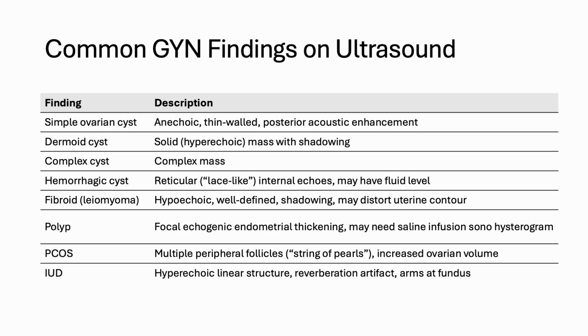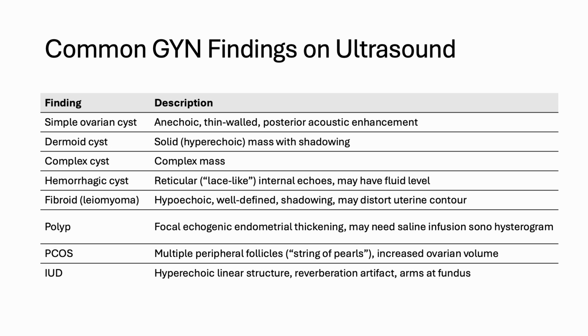So some common findings on ultrasound: you could find a simple ovarian cyst that looks anechoic, thin-walled, with posterior acoustic enhancement. A dermoid cyst would be a solid, hyperechoic mass with shadowing. A complex cyst would be a complex mass, so you'd see a cyst with different things inside of it.